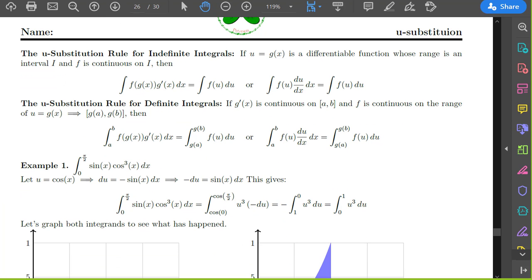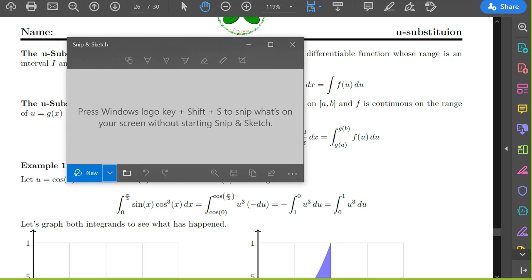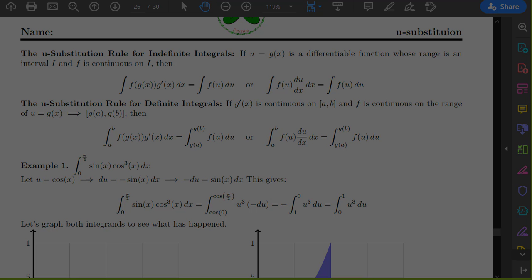All right, so here is our theorem for our U-substitutions.